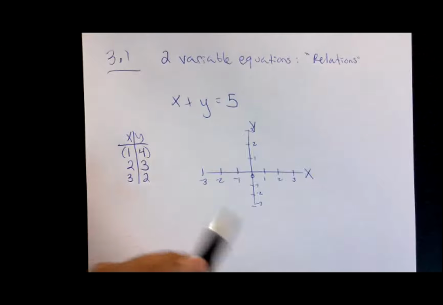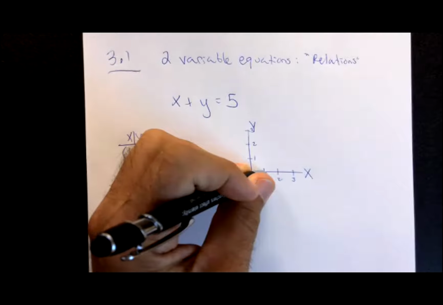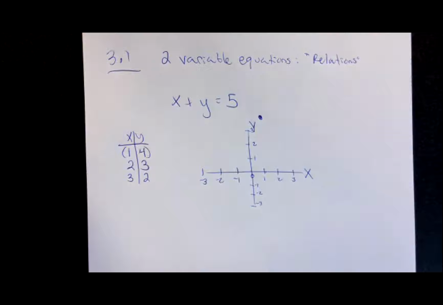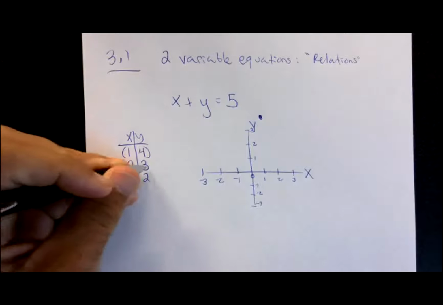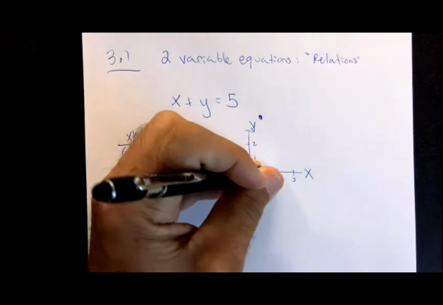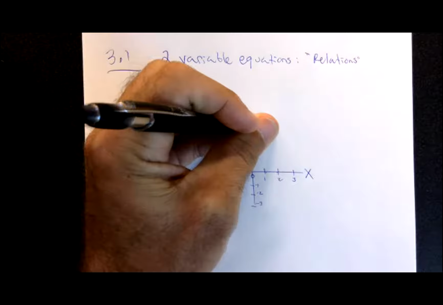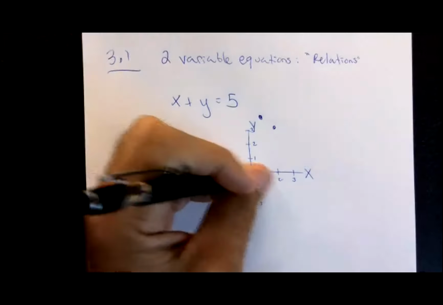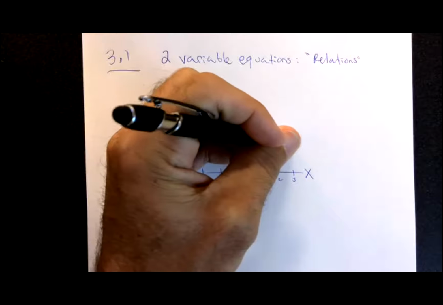So the point 1, 4 goes 1 on the X, and then goes up to 4 on the Y. So like this next one, 2, 3 would go 2 on the X, 3 on the Y. 3, 2 goes to 3 on the X, and then 2 on the Y.